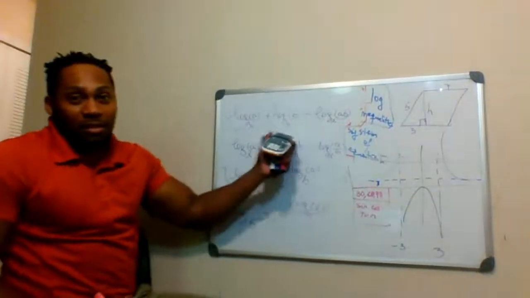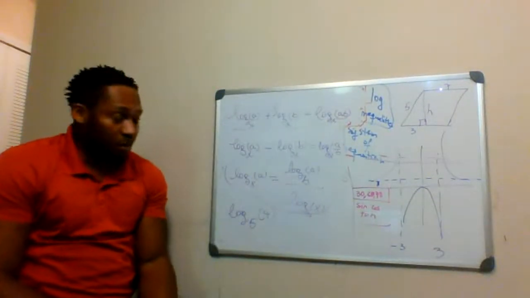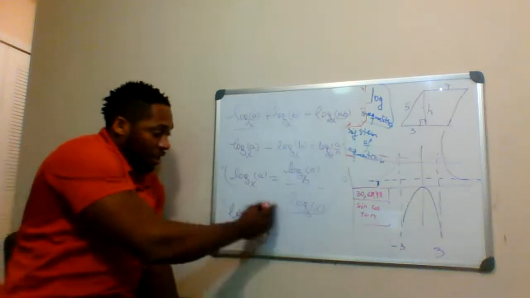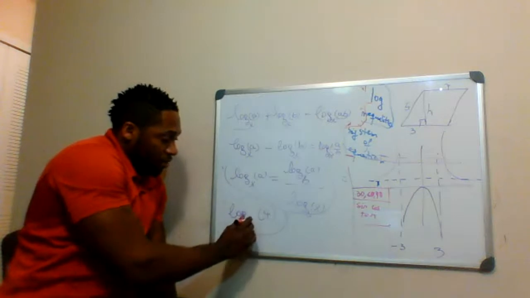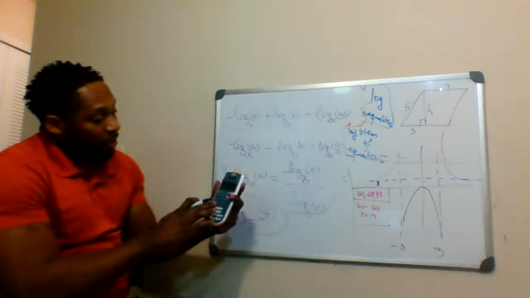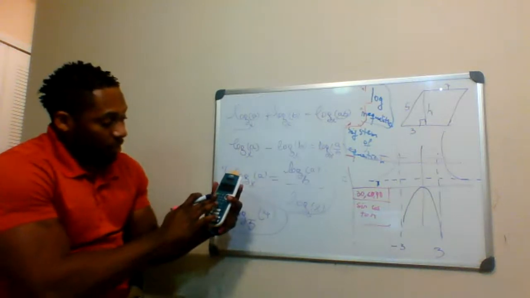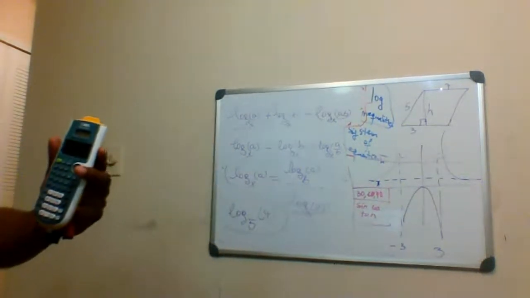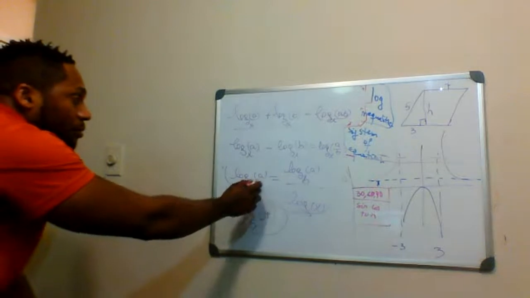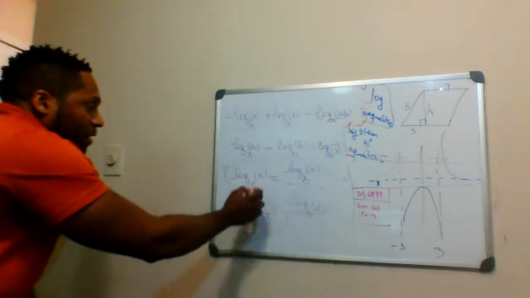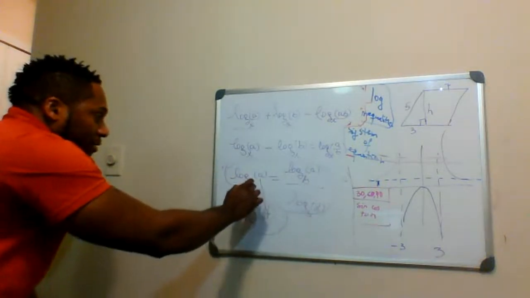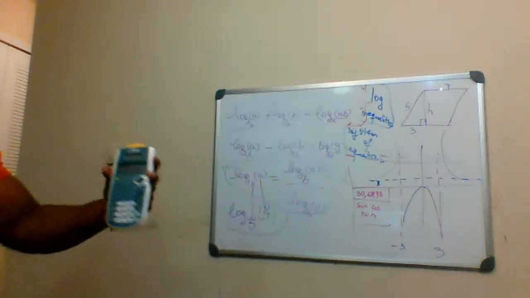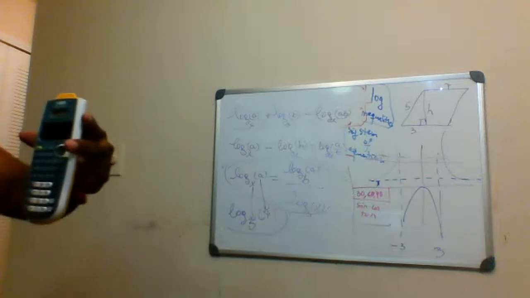So these are properties. The only thing is just to remember them. What I was showing here is, if I want to find log base 5 of 4, on the calculator I can't put it in there. So using this property right here, the 4 is here, the 5 is here. The one that's in the calculator is log base 10, even if you don't see the 10.